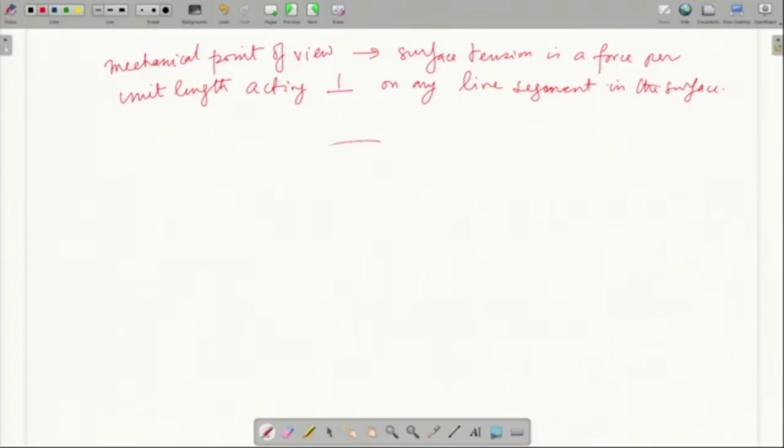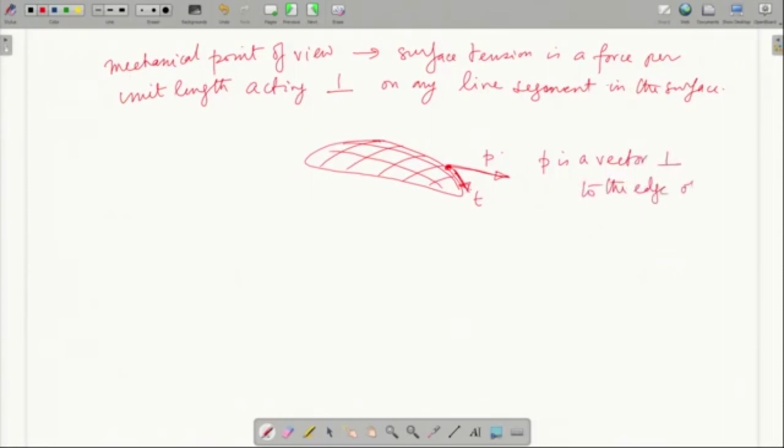If you recall that three-dimensional surface that we drew with u's and v's drawn on it, then if you look at the periphery of that surface, at any point located on the periphery, you will have a P and say a T defined on the surface. So, P is a vector perpendicular to the edge of the element.